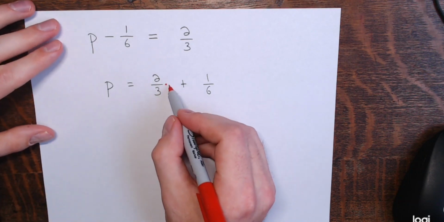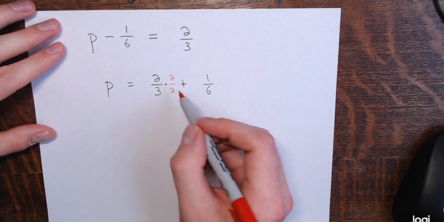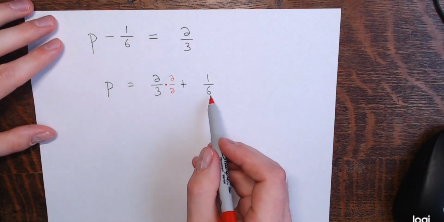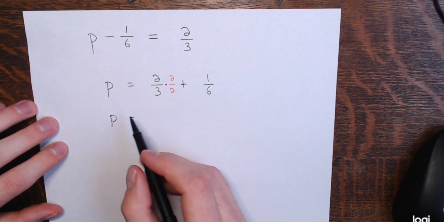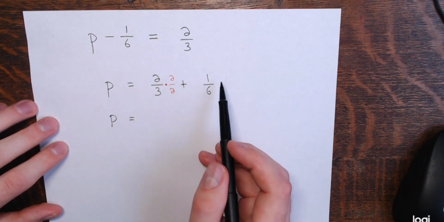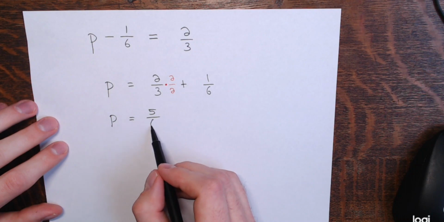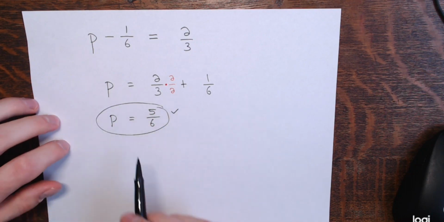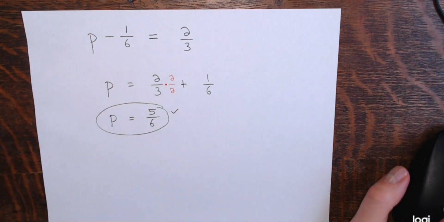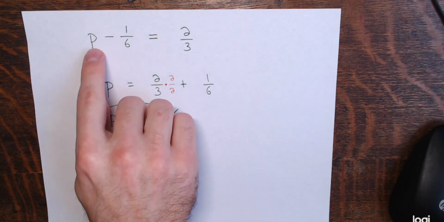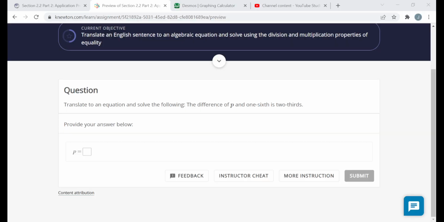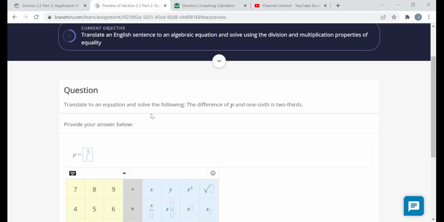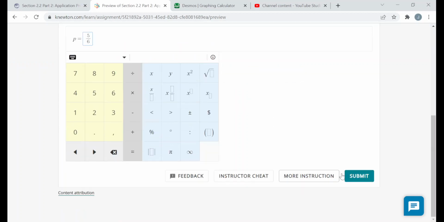I'd have to multiply 2/3 by 2/2 to get a denominator of 6. So we get p equals 4/6 plus 1/6, that'd be 5/6. And there you go, there's the value of p that would satisfy this equation. 5/6 minus 1/6 would be 4/6, which is equivalent to 2/3. That works. So 5/6.